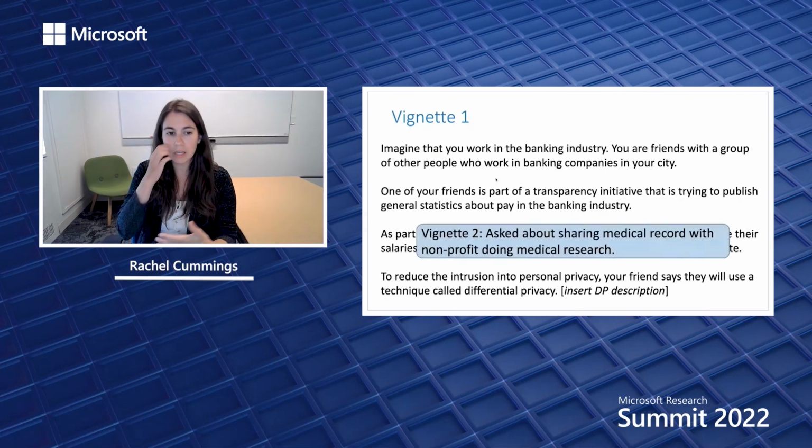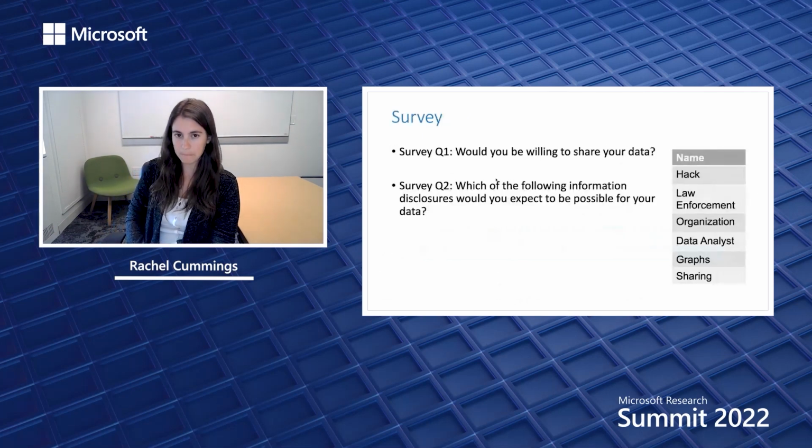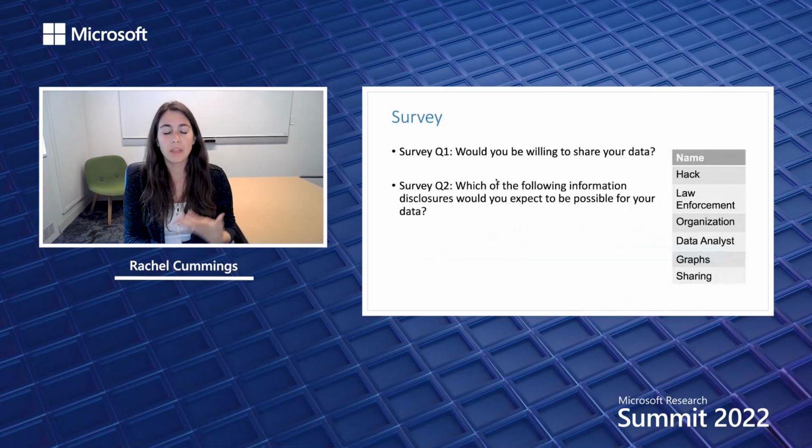And we included a second vignette asking about people sharing their medical records with a non-profit to see if there was a difference between salary information versus healthcare information. And then we asked them the following survey.